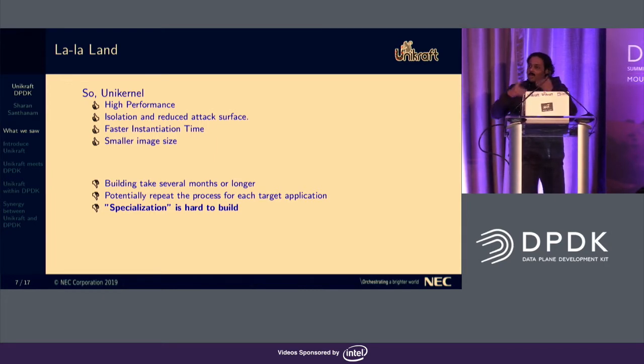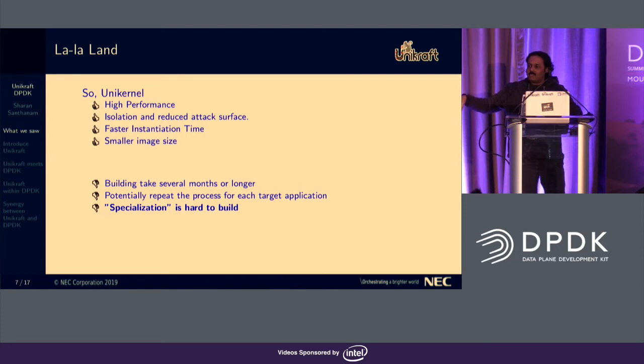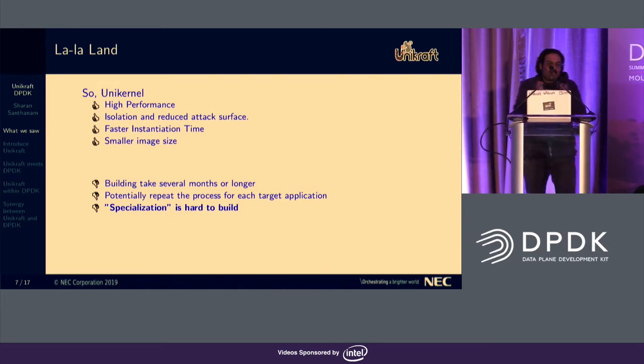Also, the separation of interfaces is quite difficult to get right. And there's also the other component, which is always balancing between specialization and taking an off-the-shelf application and running it. When you take an off-the-shelf application, you have expectations on what the application expects. You need to satisfy, say, a POSIX API or something on that layer, so that the off-the-shelf application can run on top of a unikernel.